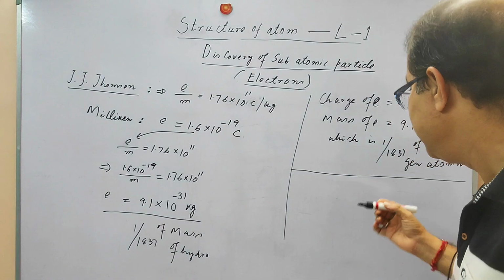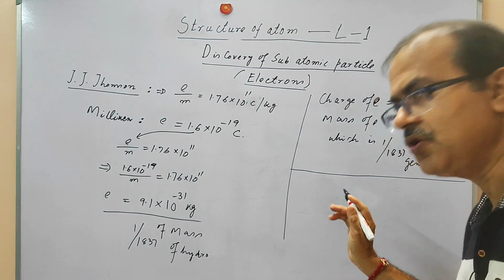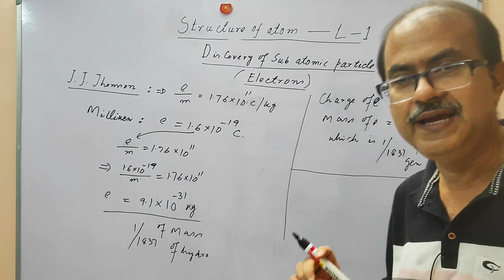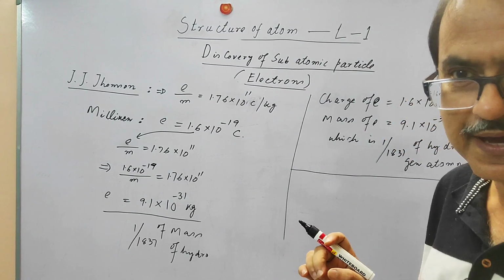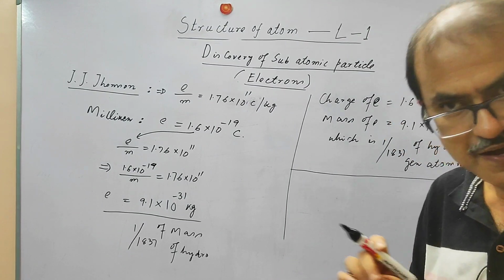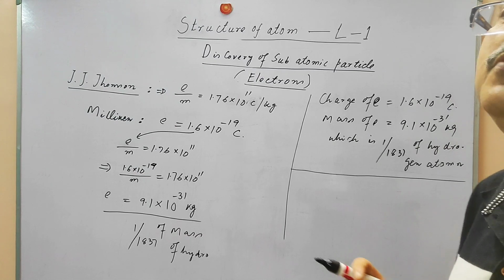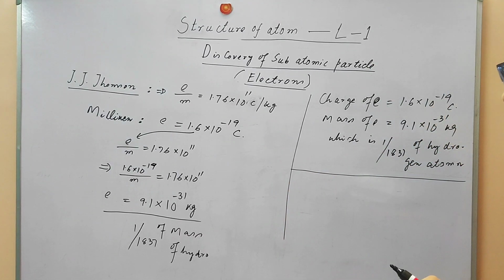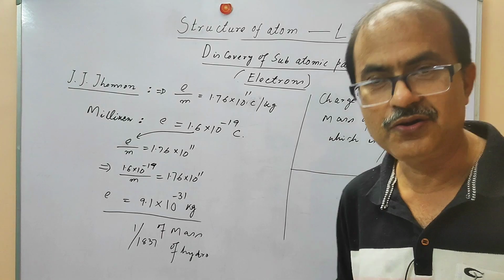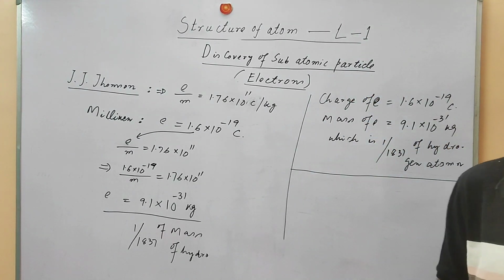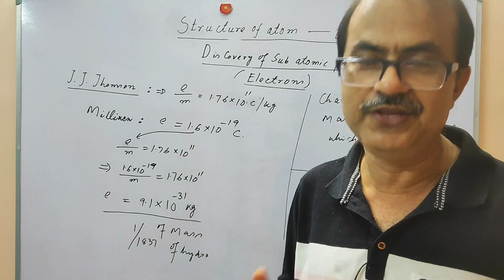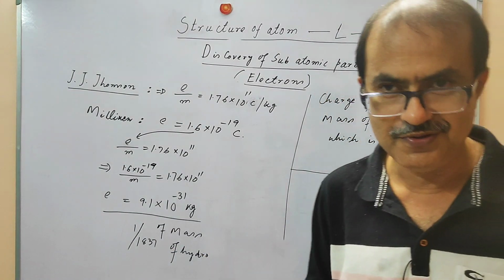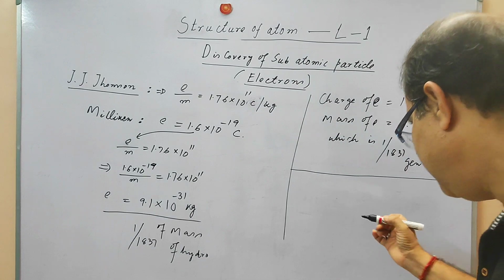In IIT JEE, this type of question sometimes arises to confuse: what is the mass of the electron when it is in motion, at speed v? Naturally, a lot of students who do not have this knowledge would say the mass will be 9.1 into 10 to the minus 31 kilo. But it is not like that.